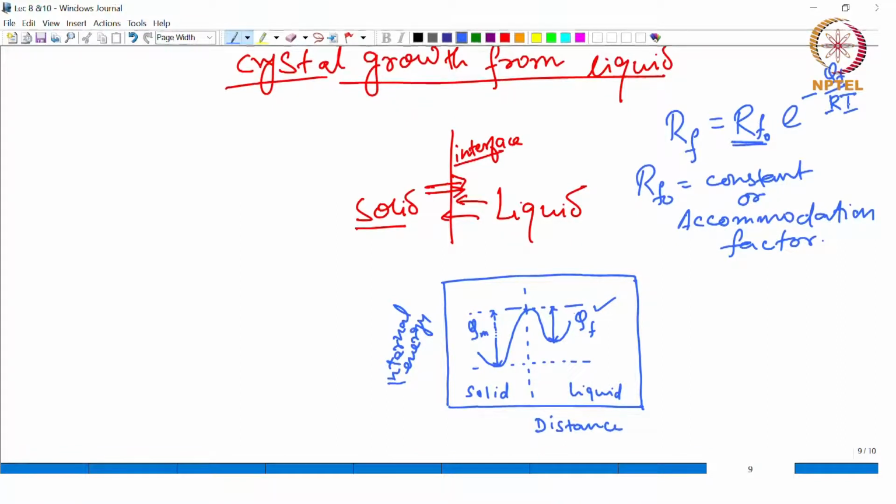So, that rate of detachment can also be given by a similar relationship, like how the rate of attachment is given.